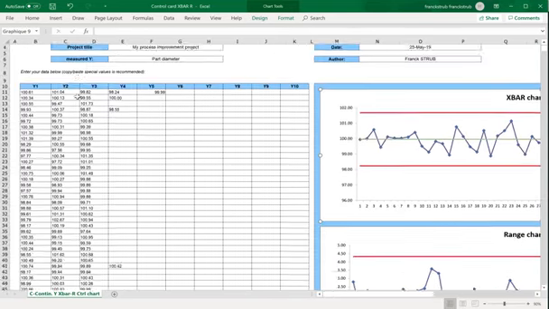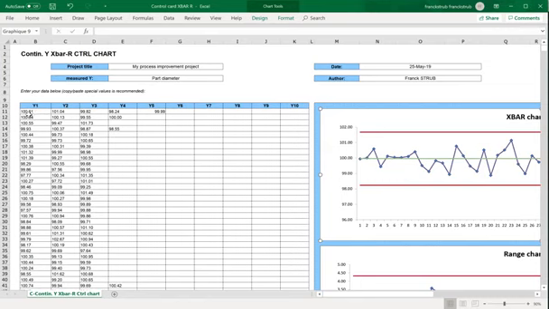So if I come back to the data, X-bar 1 is made of 5 data points collected, number 1, 2, 3, 4, 5, and that we average. If I look at the maximum, it's 101.04, and the minimum value is 98.24.